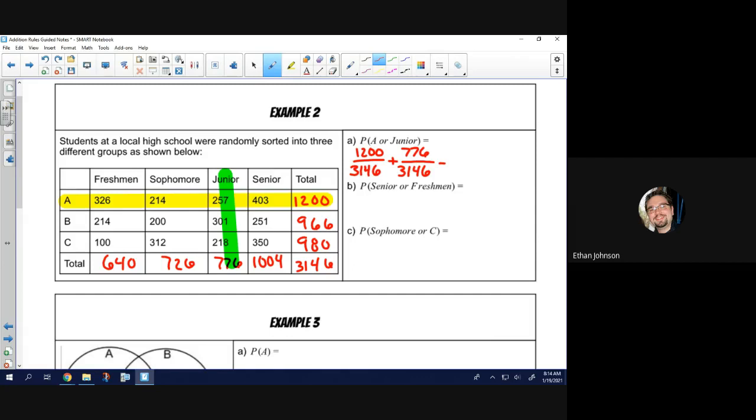Well, that was our 257 out of 3,146. All of our denominators are the same. So we're going to take 1,200 plus 776 minus 257, and get 1,719.